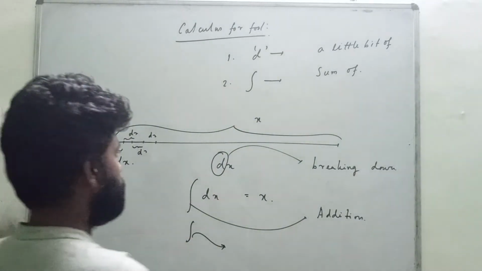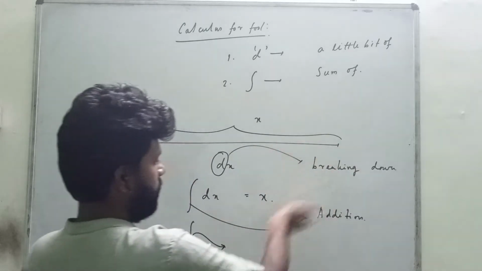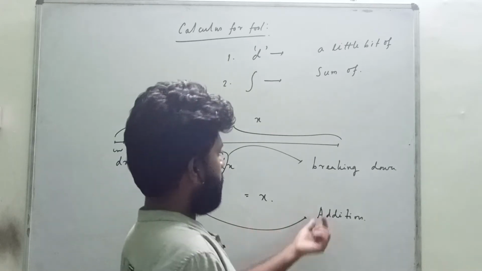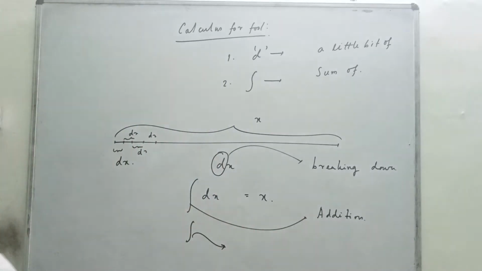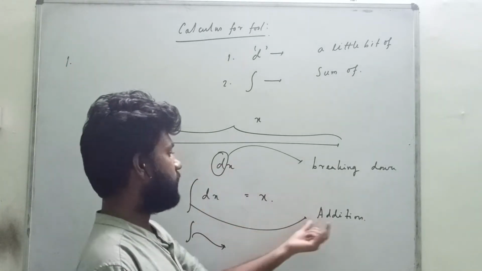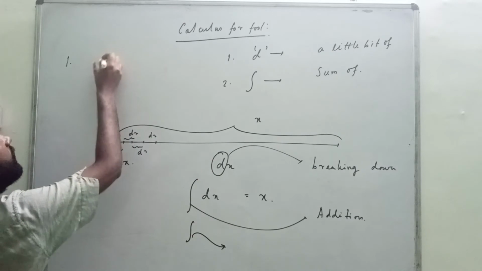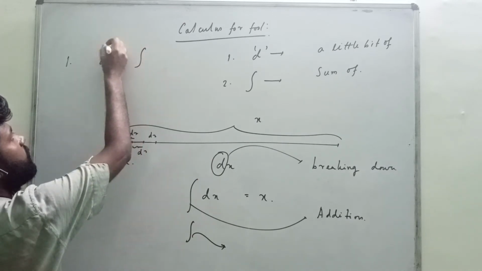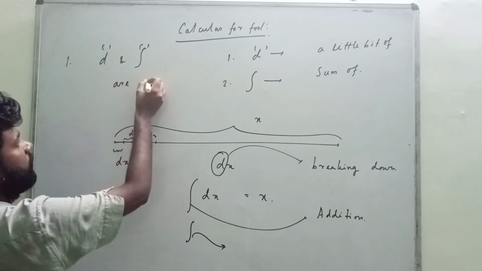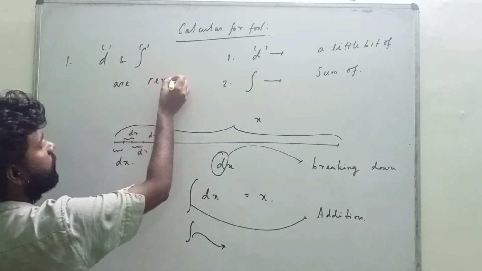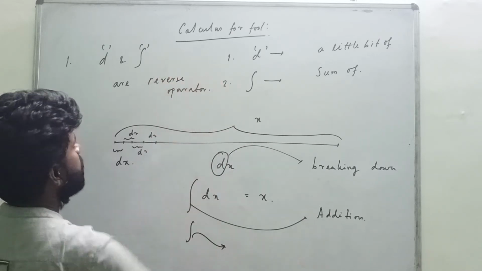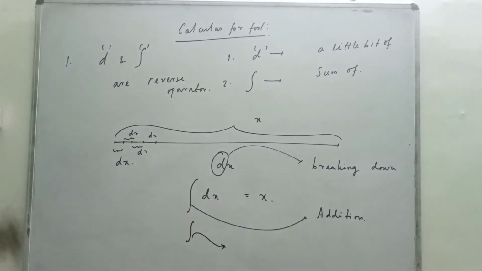These two operators are just reverses of each other. So number one finding: d and the large S are reverse operators.